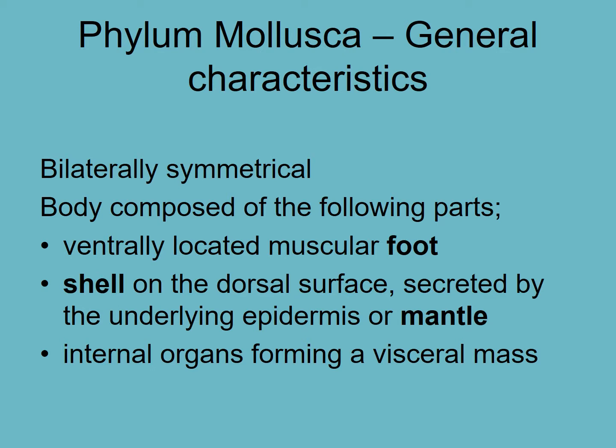They have a mantle, which is like a blanket that goes over the body, and that secretes the shell. Not all molluscs have shells, but a lot of them do. And then they have essentially a bag of guts called the visceral mass. So that's the internal organs within a body cavity.